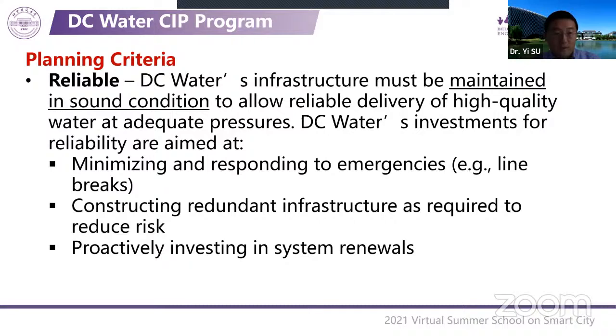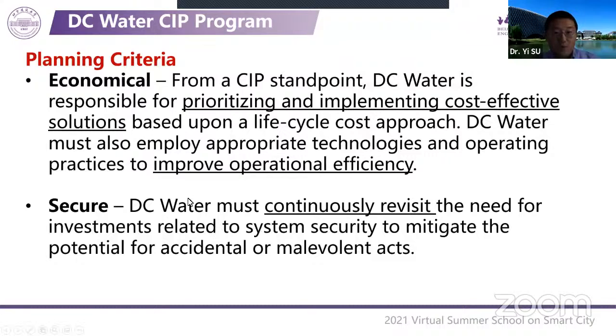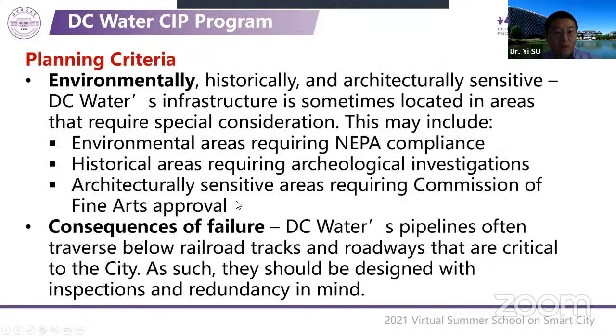The investments aim at minimizing and responding to emergencies, constructing redundant infrastructure as required, and proactively investing in system renewals. Economical, also prioritizing and implementing cost-effective solutions to improve operational efficiency. Secure, also must continuously revisit the need for investment, and so on.